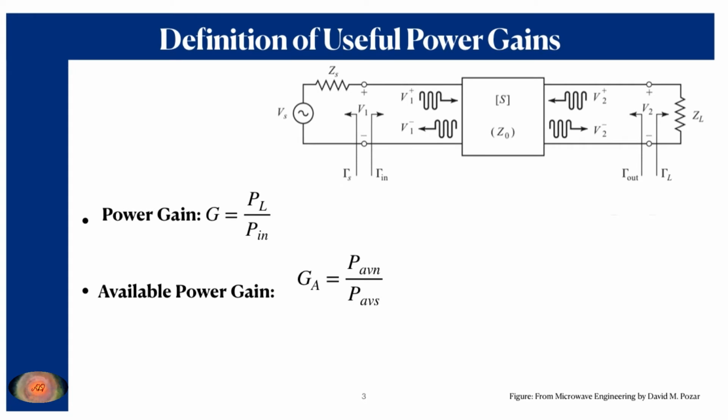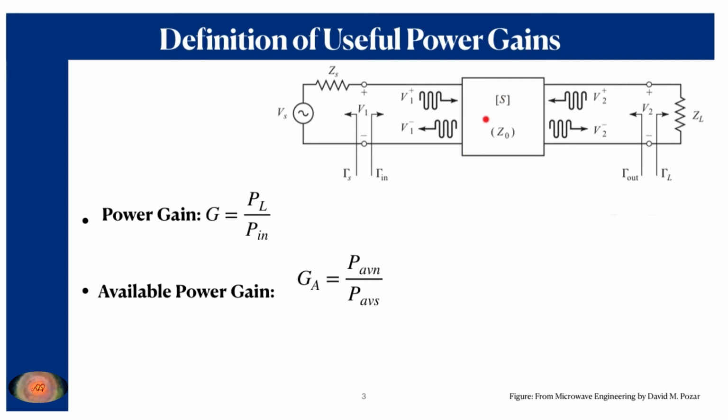Available power gain is defined as the power available from the network to the power available from the source. Now power available means the maximum power that is available from the network, and we know the maximum power transfer can take place if this output terminal is matched with the characteristic impedance of the transistor, or whatever the device is being represented by this box.